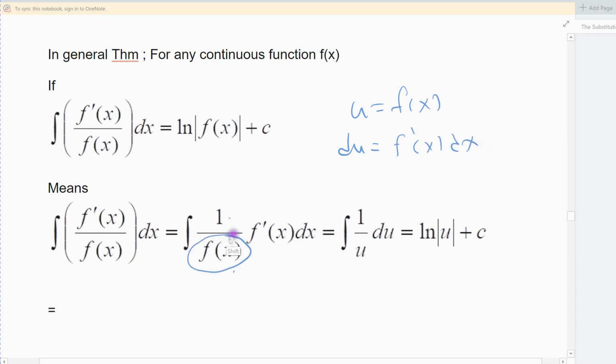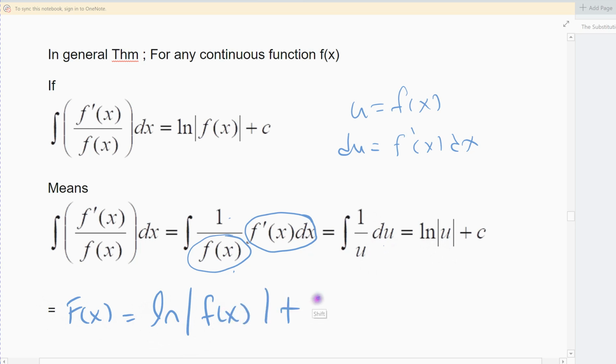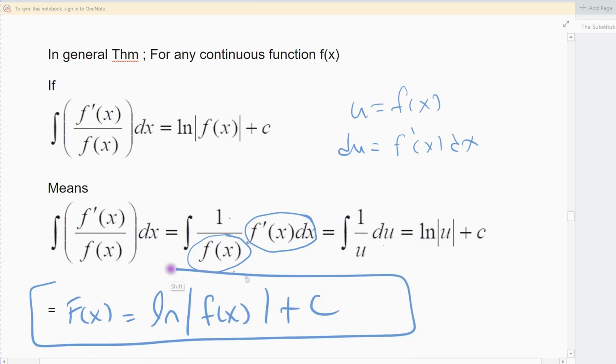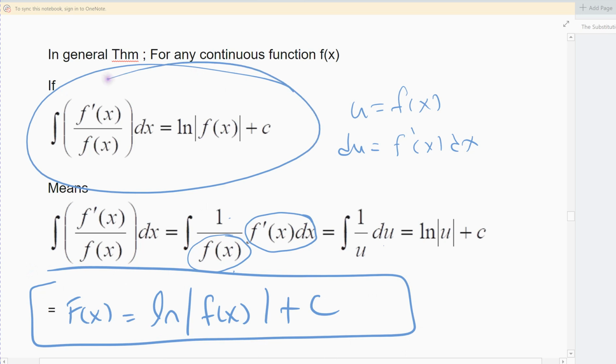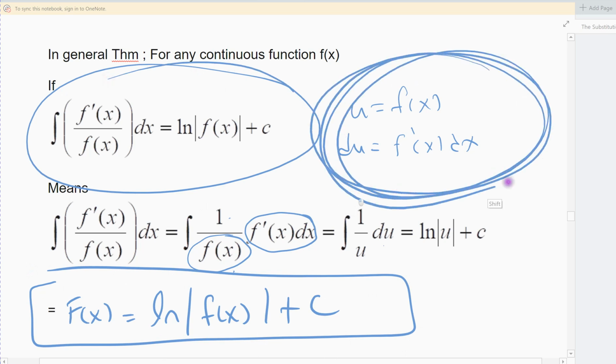So we replace this with u, we replace this with du, right? 1 over u du, which is the natural log of u, absolute value. You can't forget the absolute value plus a constant. And then you replace back to get my general antiderivative is the natural log of the absolute value of whatever the denominator function was. And so there's really not a whole lot of work you have to check. You basically just have to check that this is true.